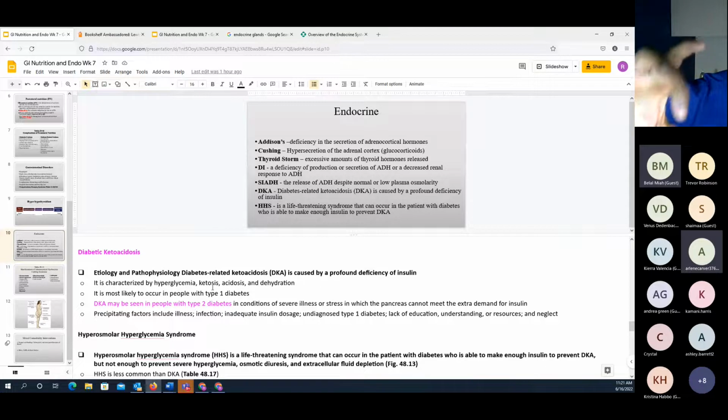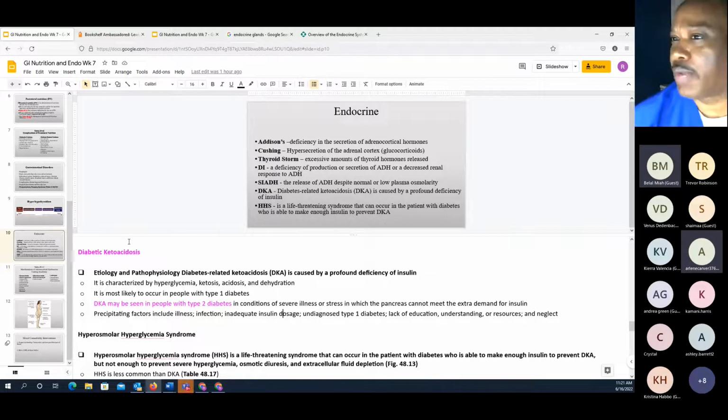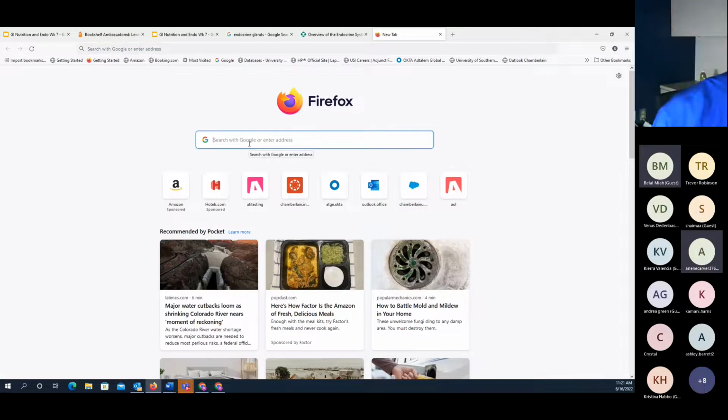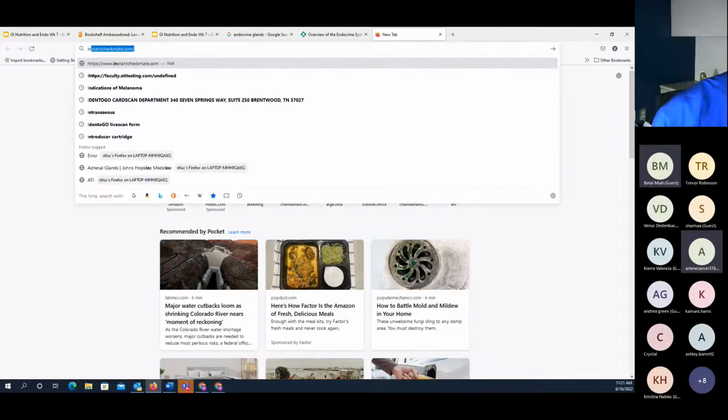And then you have this cell. The cells have, let's say, a lock on them. And so what the insulin does is it opens the lock and allows the glucose to go inside of the cell. I don't know if I can show you all an example of that. Let's see. Let me try it like this.